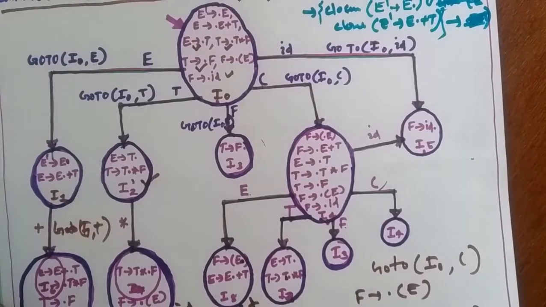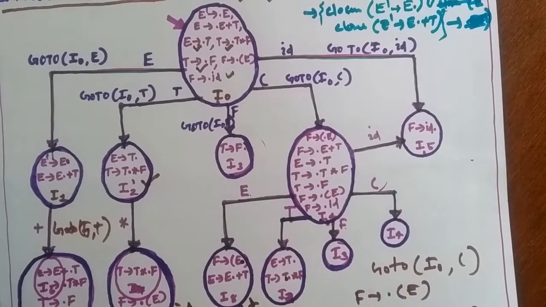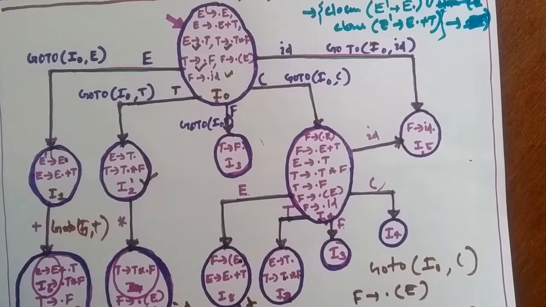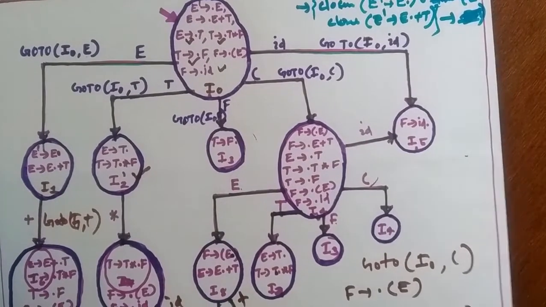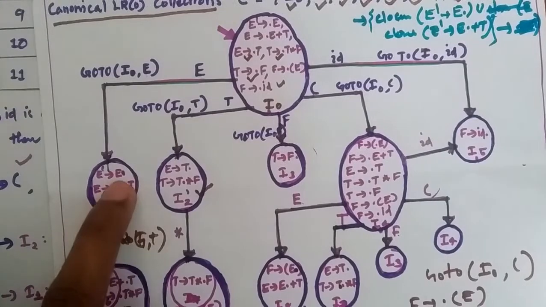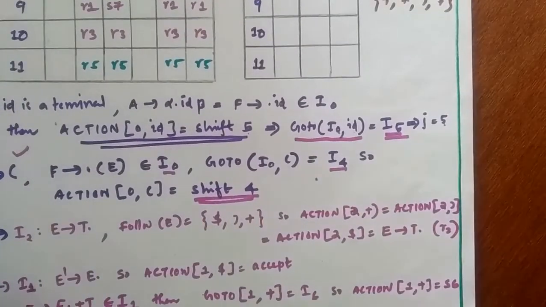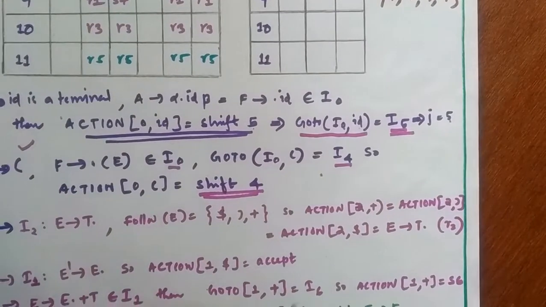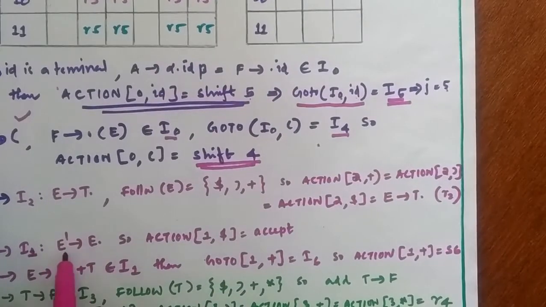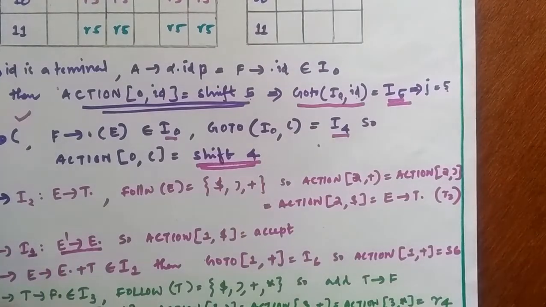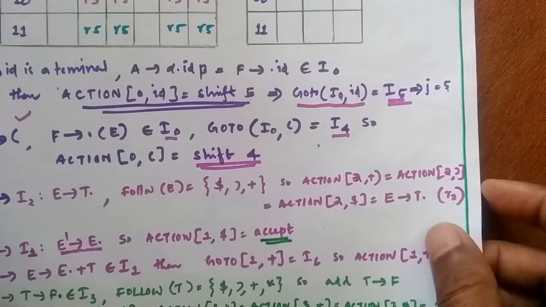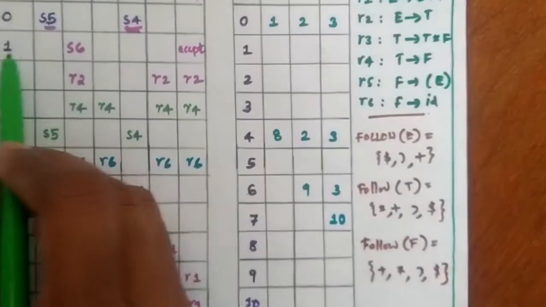So E dash is the starting symbol in our augmented grammar. So the dot is at the end of the starting symbol of the given grammar. Then we can apply rule 2c. Rule 2c is telling that, since this belongs to I1, action of 1 dollar is equal to accept. Action table 1 dollar is equal to accept.